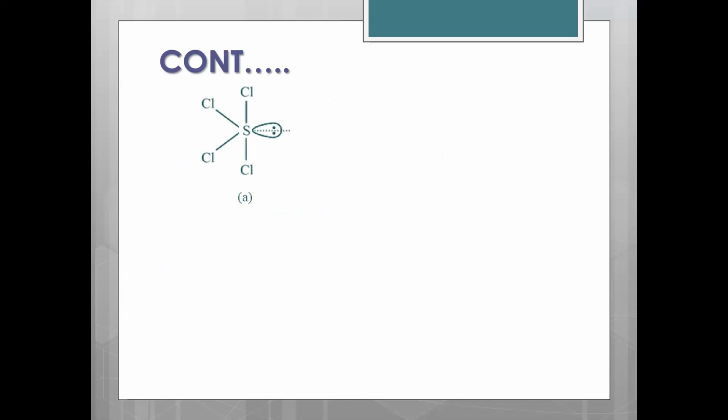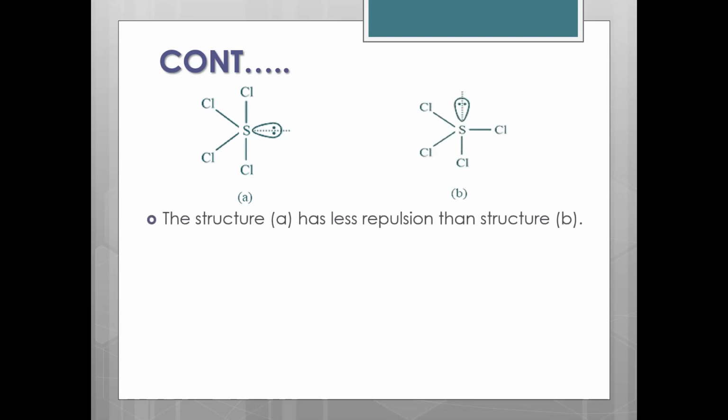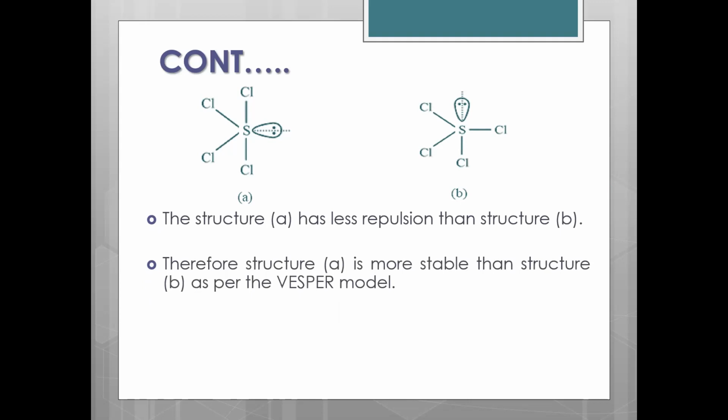This is what you have to understand. So when you speak about the 4, you should be able to draw the 2 types of shape. That is the seesaw shape, right? The structure A has less repulsion than structure B. Therefore, structure A is more stable than structure B as per the VSEPR model.